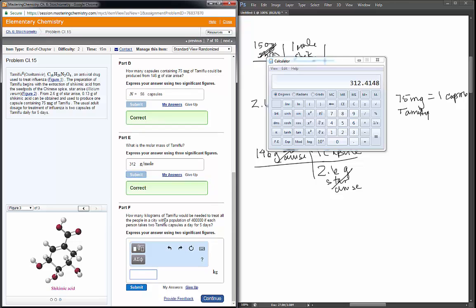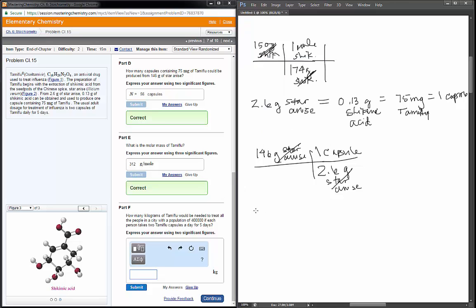Finally, how many kilograms of Tamiflu would be needed to treat all the people in a city with a population of 400,000 if each person takes 2 Tamiflu capsules a day for 5 days? So first of all, let's say we have 400,000 people and they each have to take 2 capsules a day, and they have to do that for 5 days.